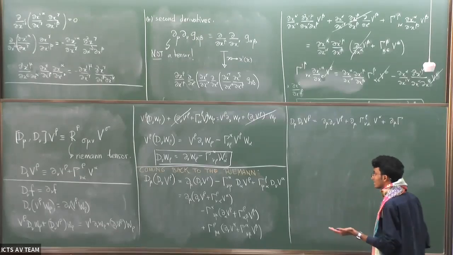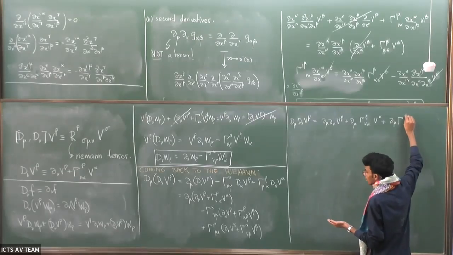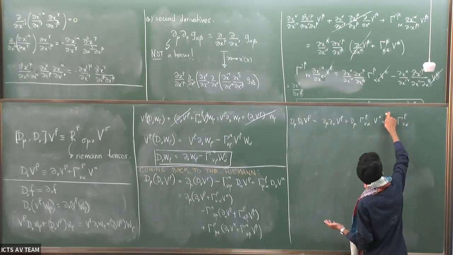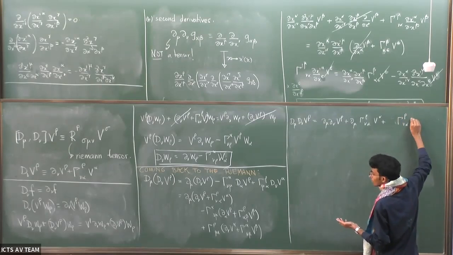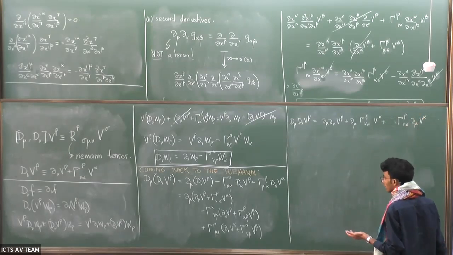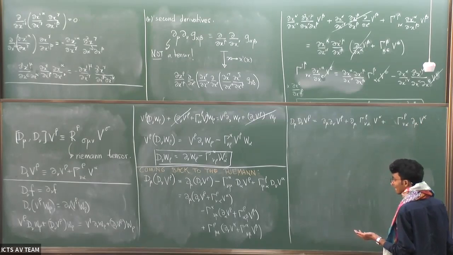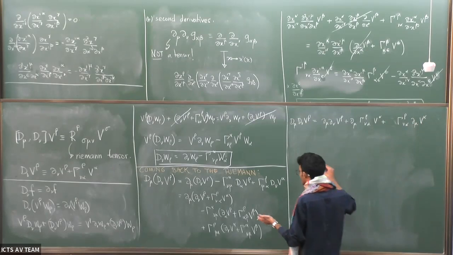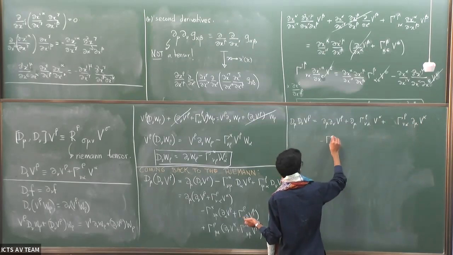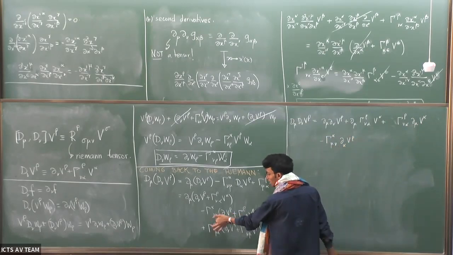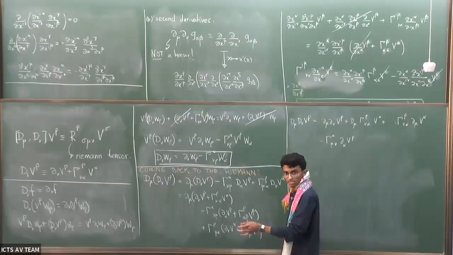You would have to correct it. Okay, first term. Are you guys checking alongside or are you just writing? Minus gamma alpha mu nu del alpha v rho. I will freely switch mu nu's because Christoffel is symmetric.